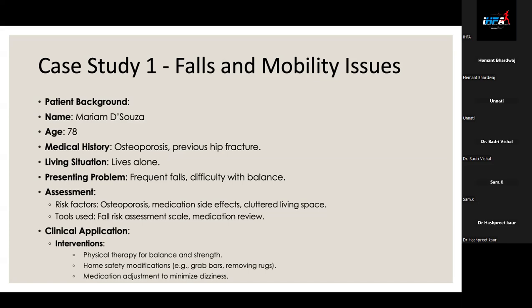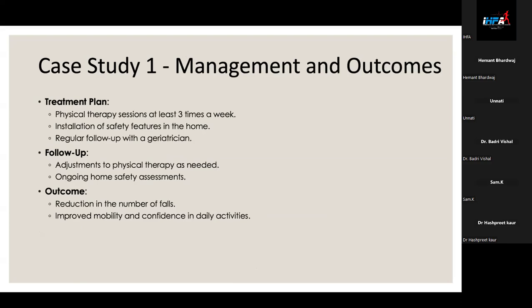The medication adjustment was done to minimize any dizziness, in consultation with her family doctor.